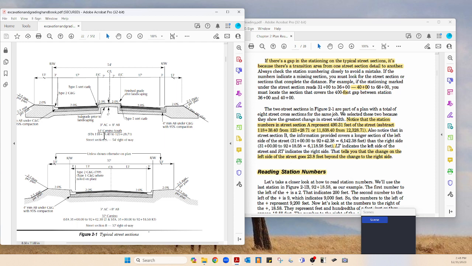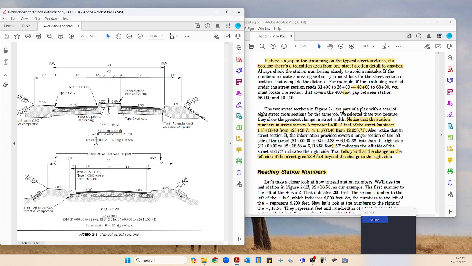So we have 490.31 feet from this station, which is 118 plus 38.40, to the next station, 123 plus 28.71.